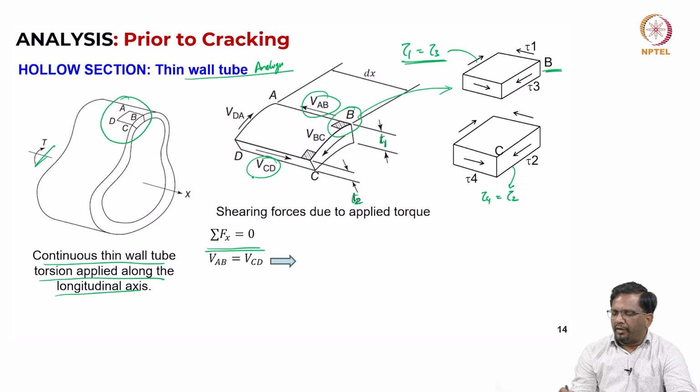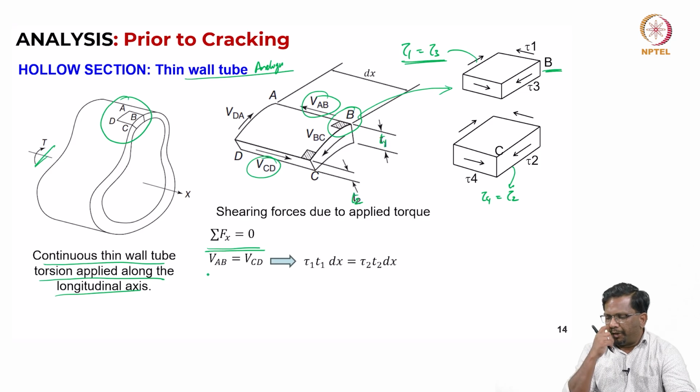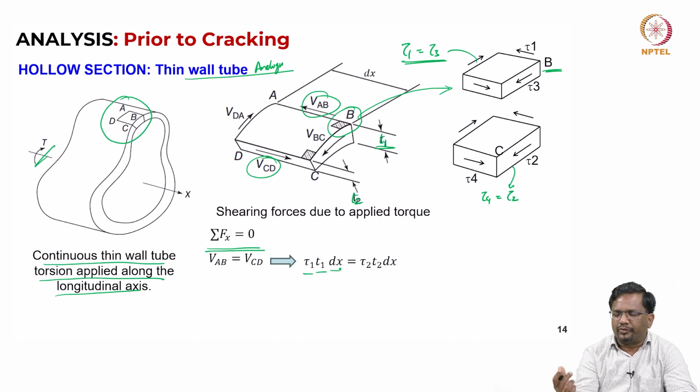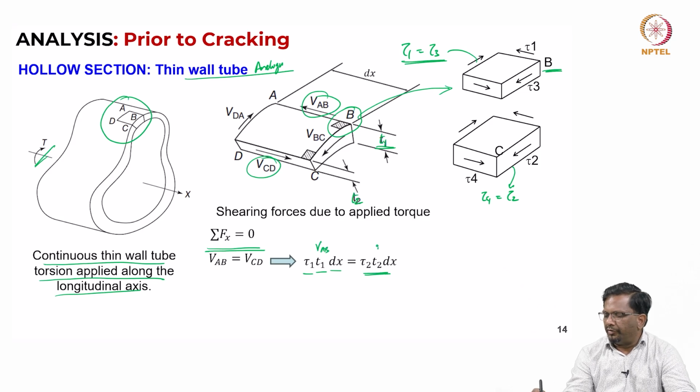So, what is VAB? The shear stress acting at the element is tau 1, and it has thickness T1, so tau 1 into T1 into dx. The shear stress multiplied by the thickness and length gives me the shear force. That is your VAB, and this is VCD.